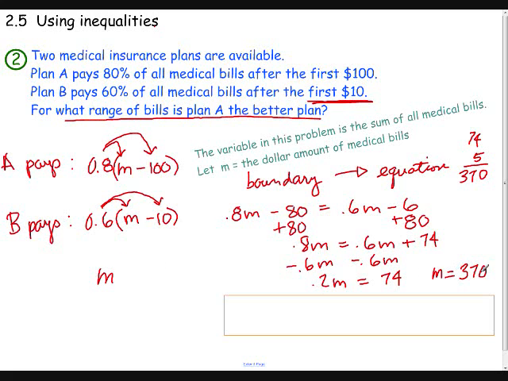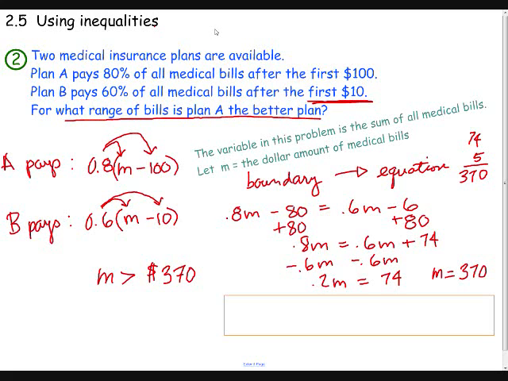For not equal to $370, but anything greater than $370. Now, if I weren't too sure about my logic, I could test it. I could take, for example, $400 and say, okay, what will Plan A pay me if I have $400 of medical bills? What will Plan B pay me if I have $400 of medical bills?